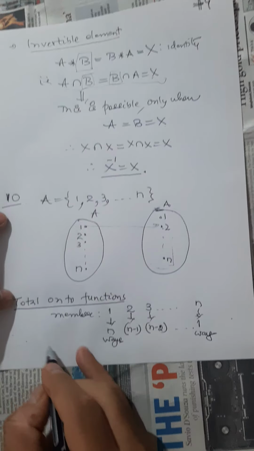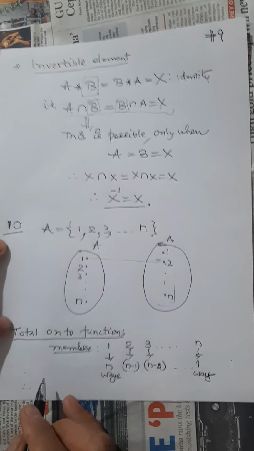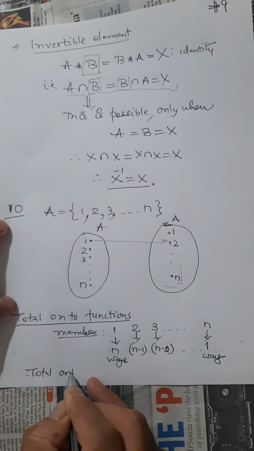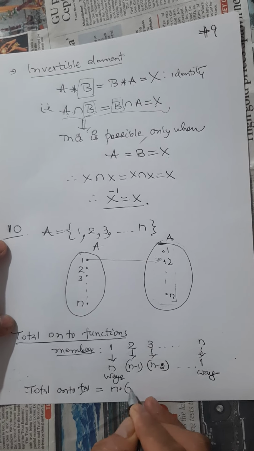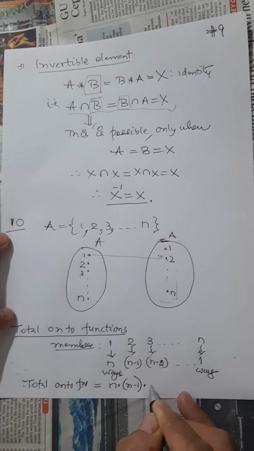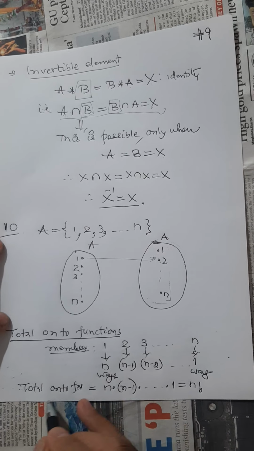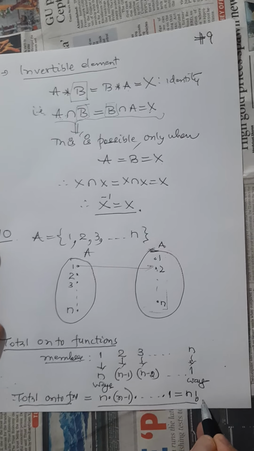So by the counting principle, the total number of onto functions equals the product n into n minus 1 up to 1. And what is this? This is n factorial. So the total onto functions is given by n factorial, remember.